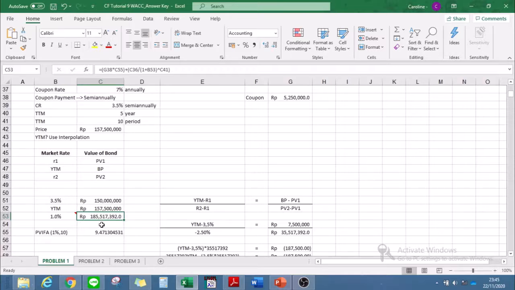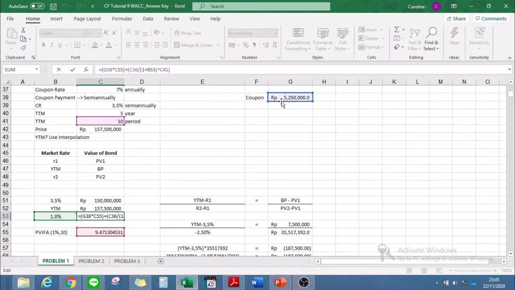Remember that the bond price, or the bond valuation, consists of two things. The first one is the present value of the coupon, and the second one is the present value of the par value itself. So you need to calculate the present value of the coupon first.